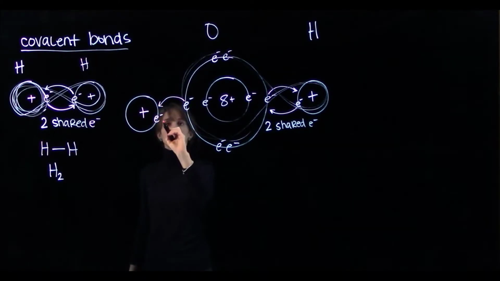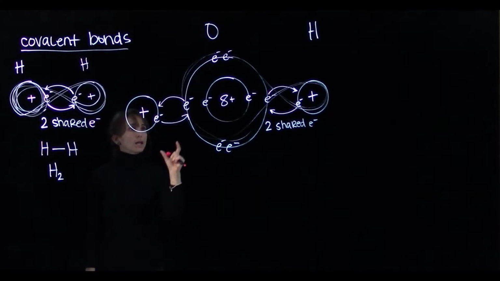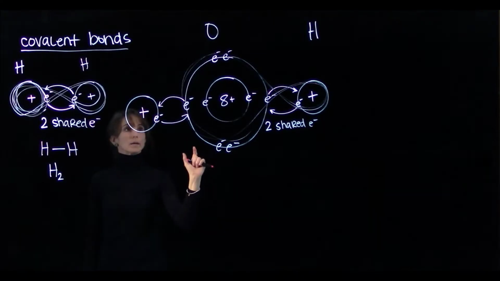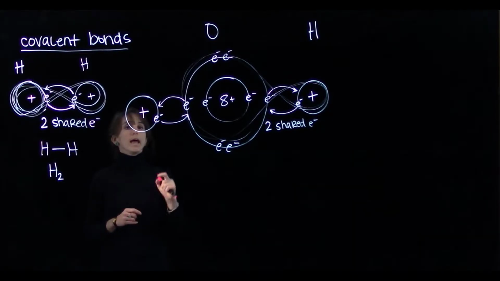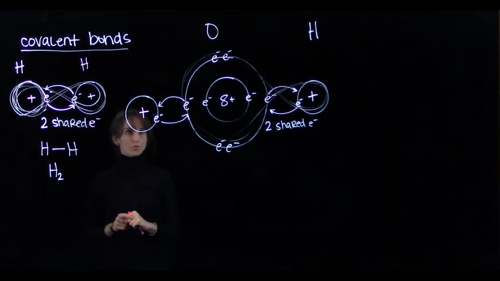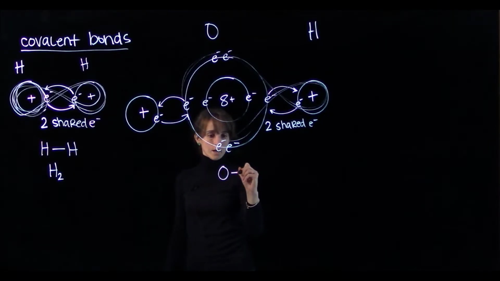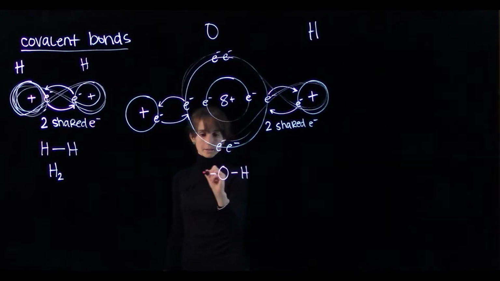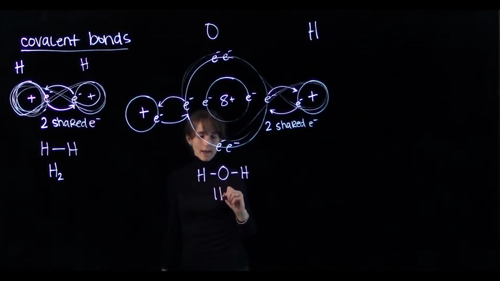These 2 can be shared back and forth, and that will make oxygen stable because now it has access to 8 electrons in its outermost shell, and this hydrogen is stable as well because it is accessing those 2 electrons for its outer shell. This molecule, an oxygen bonded to 2 hydrogens, we would write as H2O.